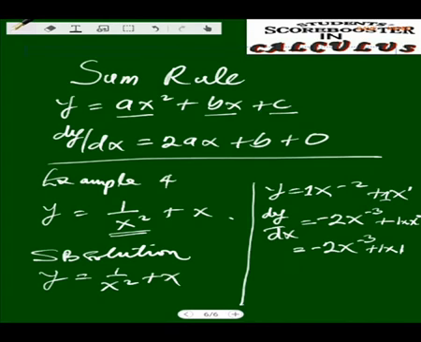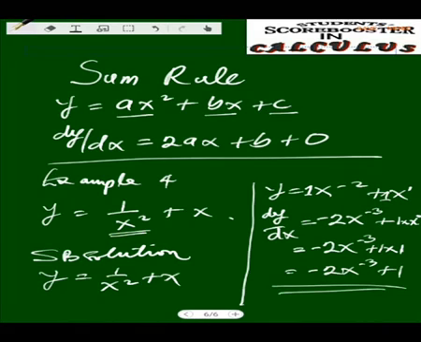So the answer is minus 2x raised to power minus 3 plus 1. And this is the final answer. Or if you like, you can write it as minus 2 over x cubed plus 1.